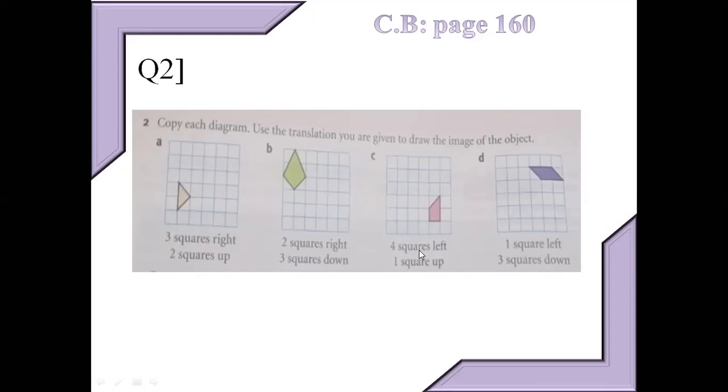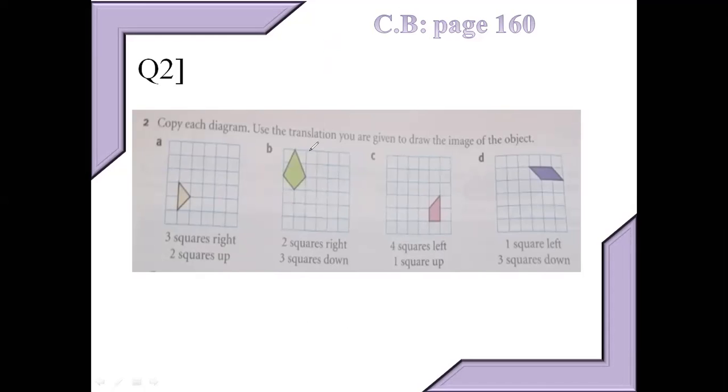Okay. The translation again, girls, is so easy. I'll do part B here as well. It says, this kite, we need to move it 2 squares right, 3 squares down. So if you look at this, start with this point, move it 2 to the right, 3 down.